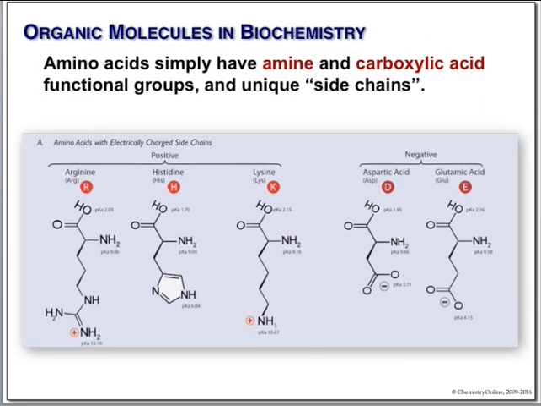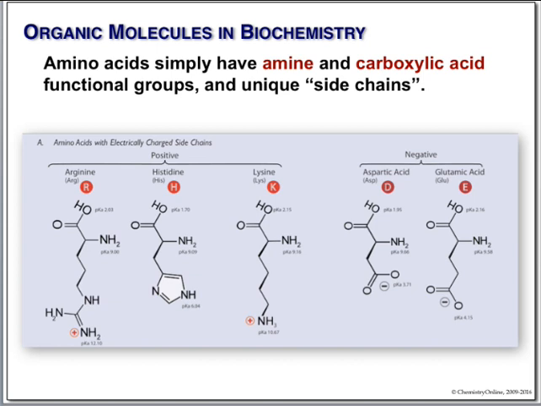Amino acids. Think about the name. Amino acids are simply carbon chains with things attached. One of them is going to be the amino group, the NH2, and the other is the carboxylic acid functionality. Now there are 20 essential amino acids.